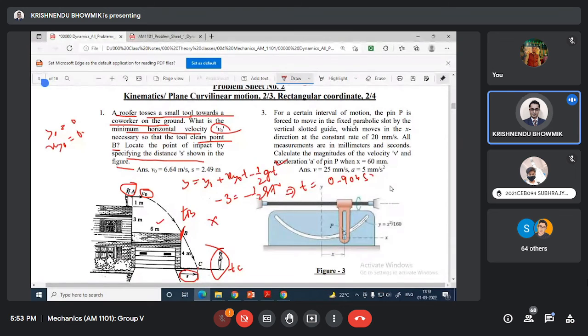Then you write x equal to x0 plus vx0 t. x0 is 0. As per the problem, this x is supposed to be 6.